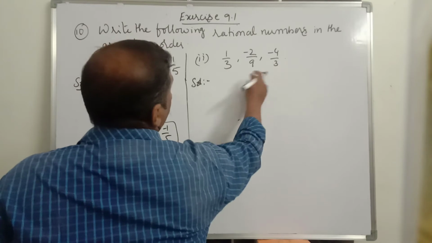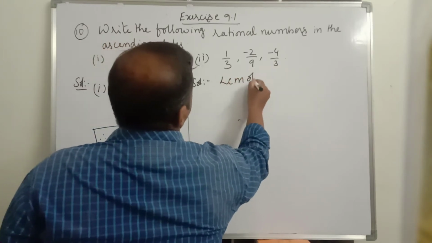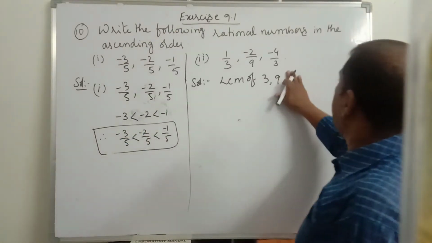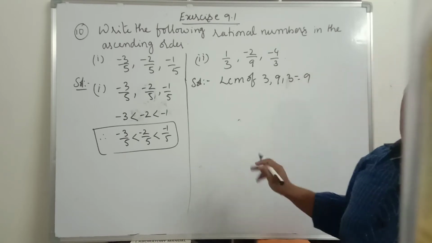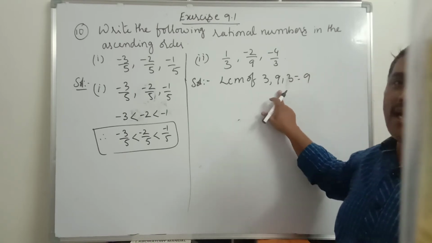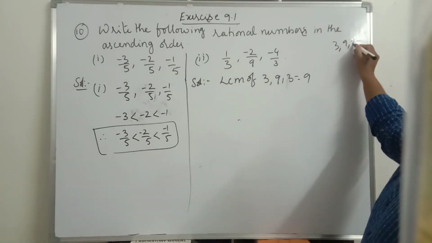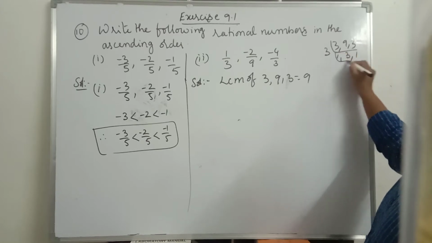So here what are the denominators? 3, 9, 3. Now LCM of 3, 9 and 3 is 9 only, because 9 is the multiple of 3. Or if you want you can find it by division. So 3 ones are 3, 3 threes are 9, 3 ones are 3.